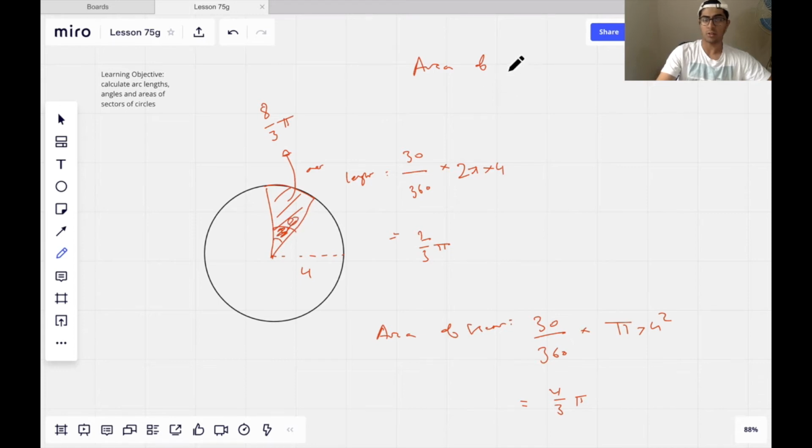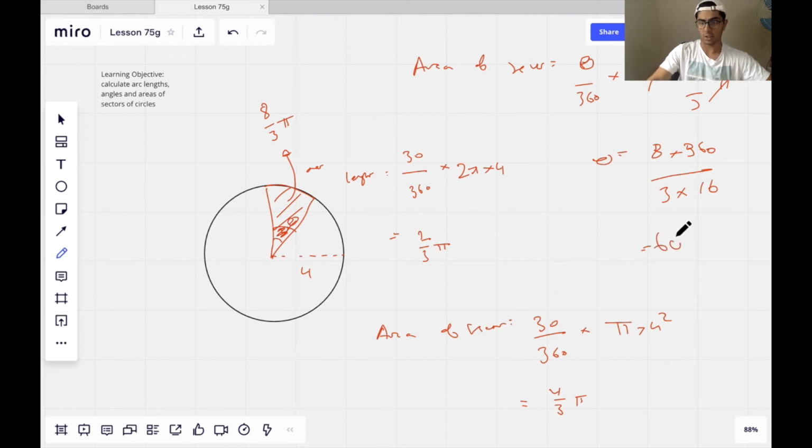Area of sector is equal to theta over 360 times pi r squared, so 16 pi, which is then equal to 8 over 3 pi. If we rearrange and solve, theta is equal to 8 times 360 divided by 3 times 16, which comes up to 60 degrees. And that's how we go in the opposite direction.